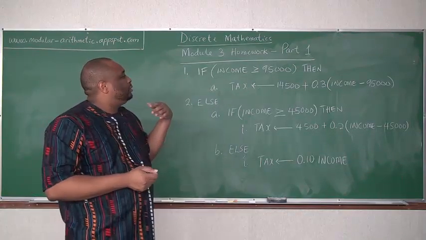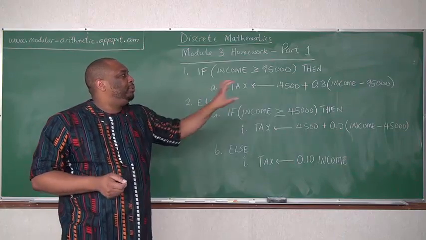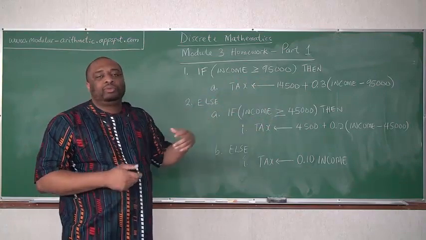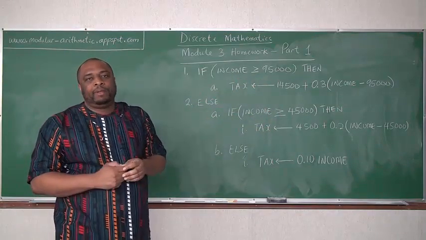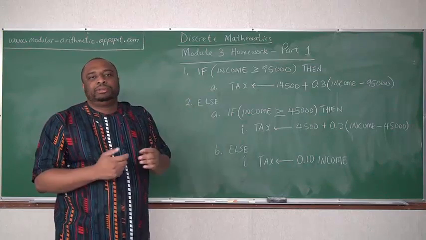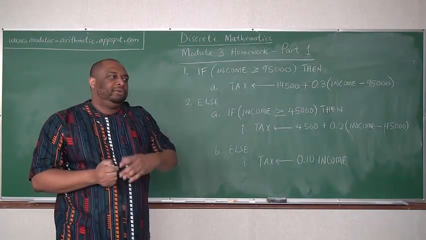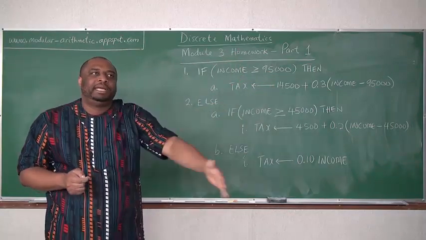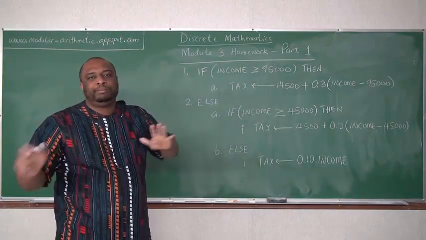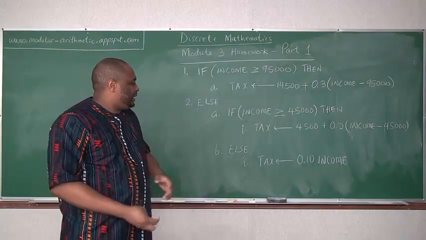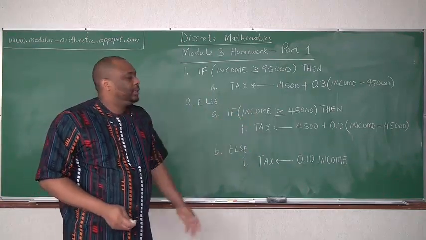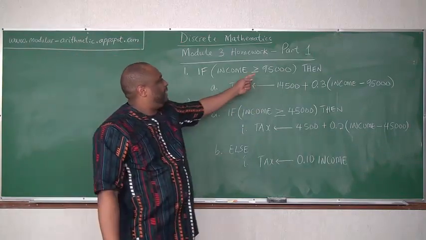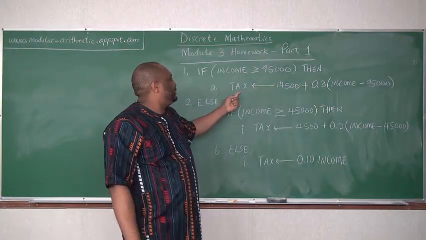And what does it do? When you put in the income of the person, it tells you the tax for that person. Just like our tax code, if you are within this income, then this should be your tax. If you make an income of 95,000 or greater, then this will be your tax.